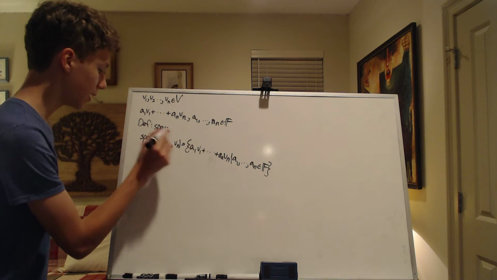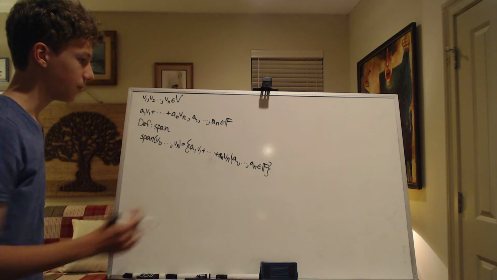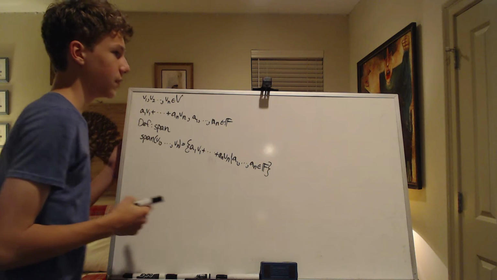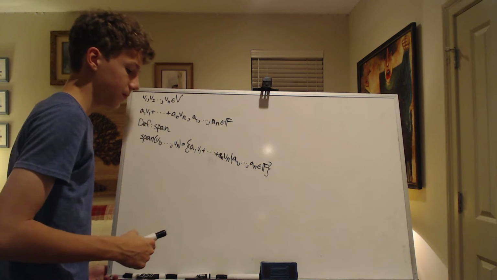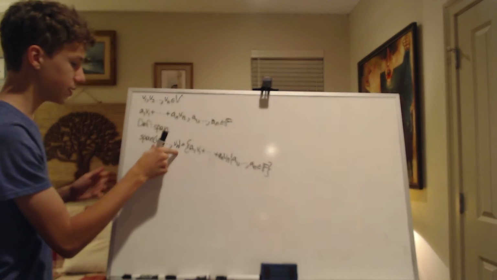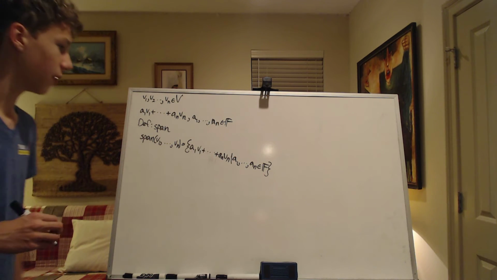In other words, these vectors span this set. These vectors are then called a spanning list for that vector space.